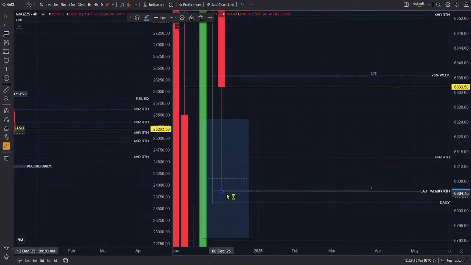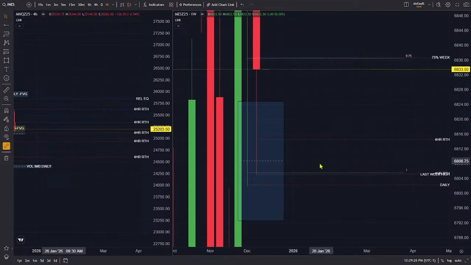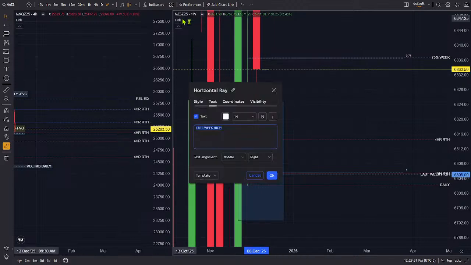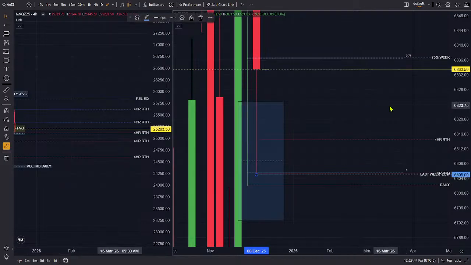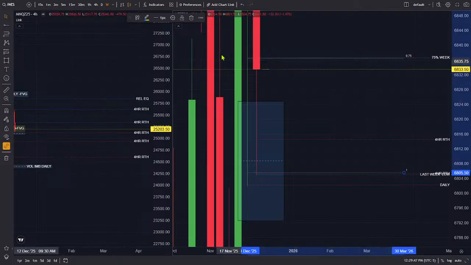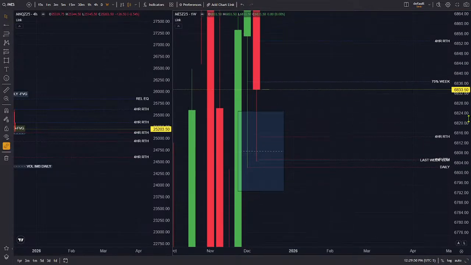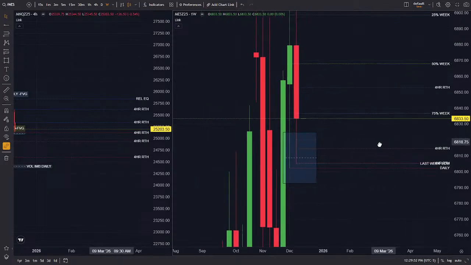I don't know. I'll just leave them both. Looks like it's a little bit lower. Shouldn't be. I probably have my line off. There we go. And then you can delete the fib at that point. There. And now just leave your clean lines with labels.